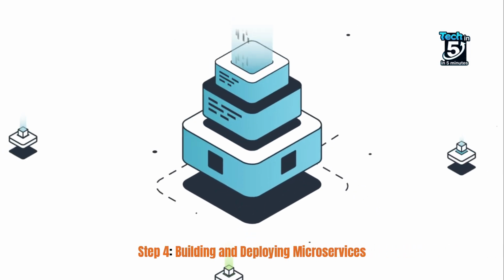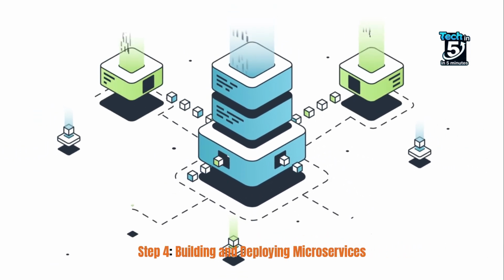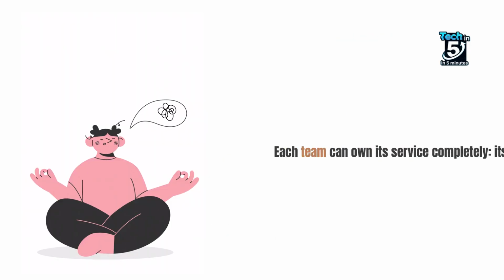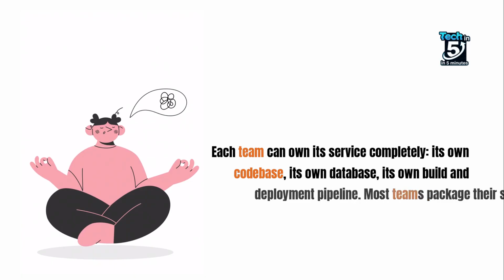Step 4. Building and deploying microservices. Once your domains are clear, the technology part becomes routine. Each microservice can choose its own language: .NET, Java, Python, Node, whatever fits best. Each team can own its service completely.